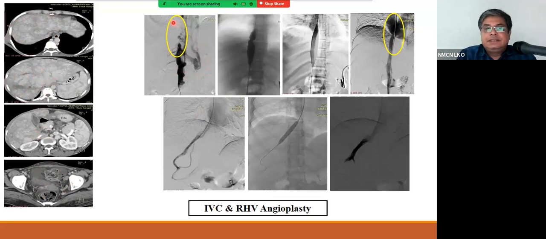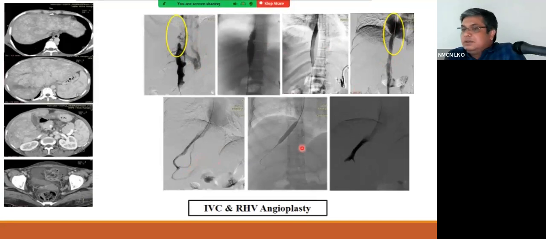And here we can see in the DSA image, with transfemoral access, we performed DSA and see there is complete occlusion of the hepatic IVC with drainage via the paravertebral collaterals. So here, again, a balloon was placed across this stenotic segment, balloon dilatation was done, and post-balloon dilatation, we can say there is excellent restoration of antegrade flow from IVC to the heart with disappearance of collaterals.